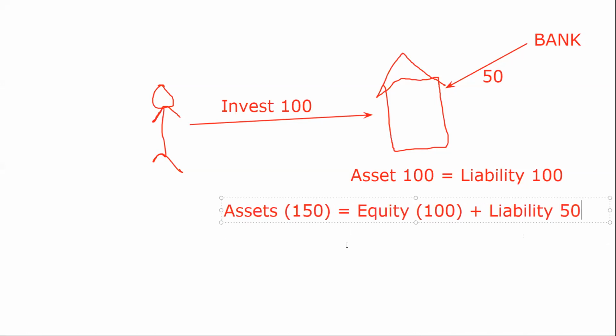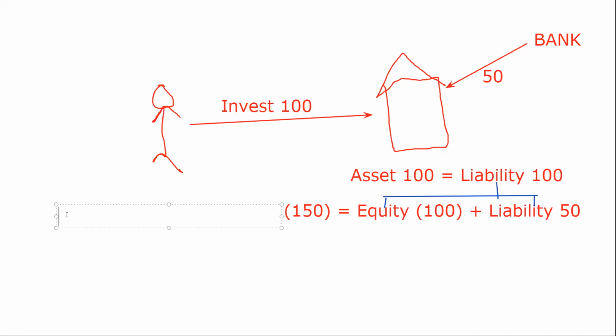Now the equation becomes assets equals equity plus liability. You can see we only divided liability into two: equity and liability.